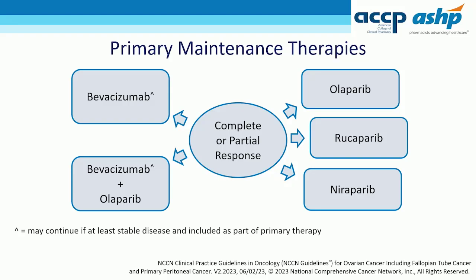Additionally, like we spoke about earlier, if they have HRD, we do have the option of adding a PARP inhibitor to that, which our current indication is with olaparib, so olaparib plus bevacizumab. Additionally, if they didn't receive bevacizumab up front, we do have the option of still doing PARP inhibitors for these patients. Olaparib is indicated only for those who are BRCA mutated. Rucaparib and niraparib are indicated regardless of a BRCA mutation status, although they are more strongly recommended as a Category 1 recommendation if patients have a BRCA mutation.